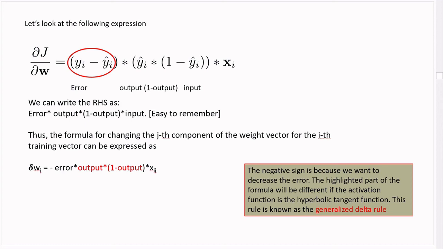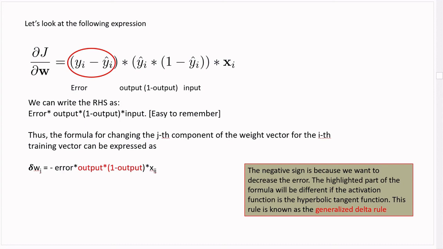So you can express the weight change for the ith training example, that is the jth component of the weight change for the ith training example, delta w j, as minus error times output times 1 minus output times xij, and the negative sign is there because we want to decrease the error.